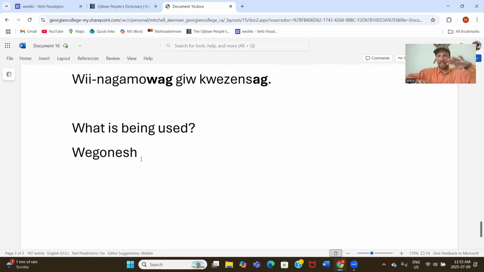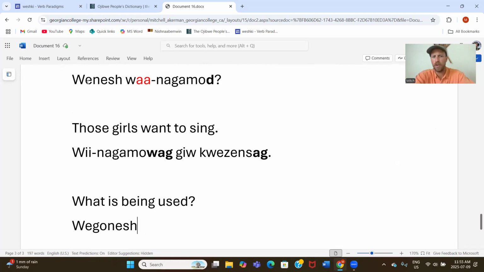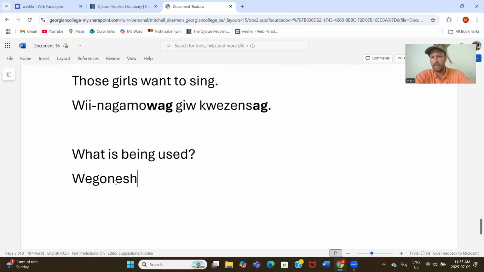And you'll see varying levels of Wagnesh, Waganesh, Waganendush, Wenesh, Wenendush. There are all these slight variances, so don't get hooked on one, because depending who you're talking to, they might change them a little bit. But for the most part, Wenen or Wenesh is who, and Weganen or Weganesh is what.